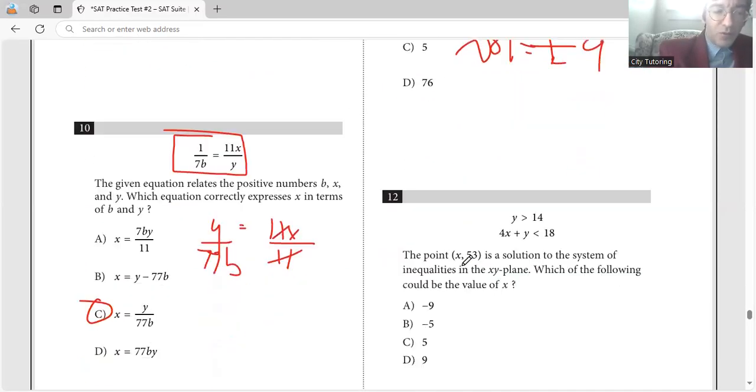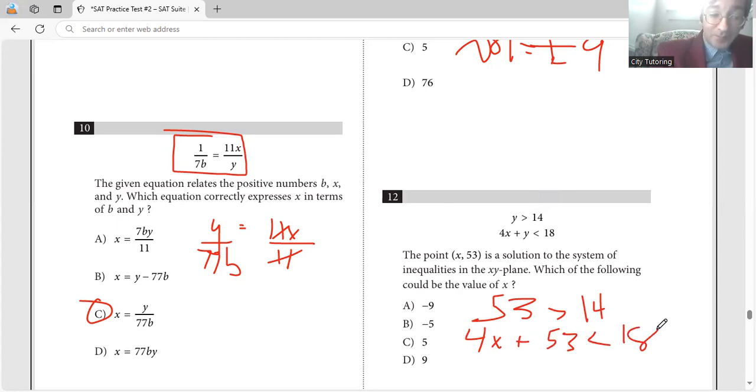All right, number 12. This is the x point and the y has to be, remember when you have coordinates, it's x and y. So the y is already, I know, 53. Always with coordinates. So that means that 53 is greater than 14. If y is 53 in the second equation, I have 4x plus 53 is less than 18.